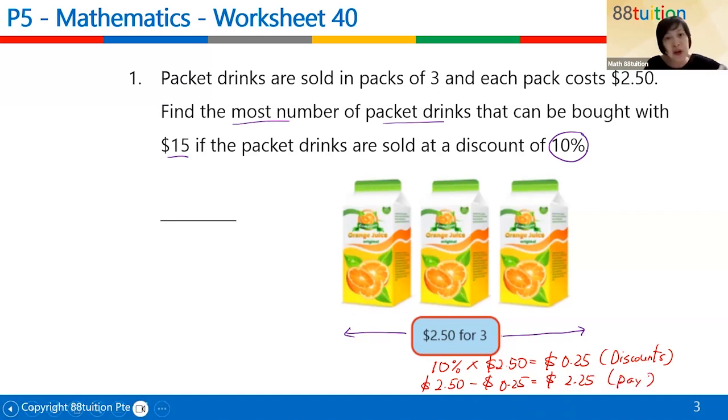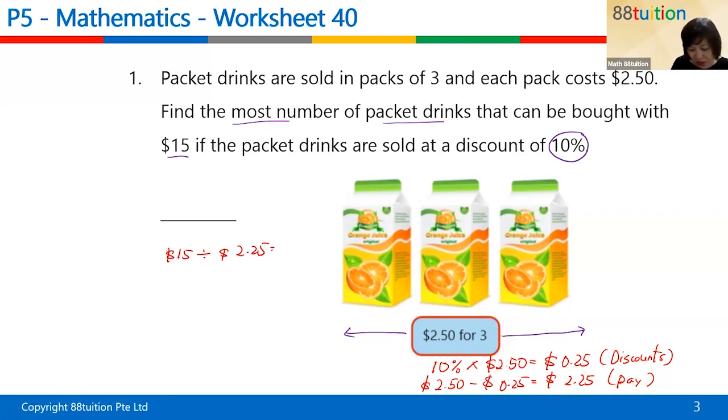Okay. So if you have a $15, how many sets can you buy? Let's check. Yes. So with this one, $2.25, you will need the $15 to divide each pack with a $2.25. So you're going to find how many sets, you see?